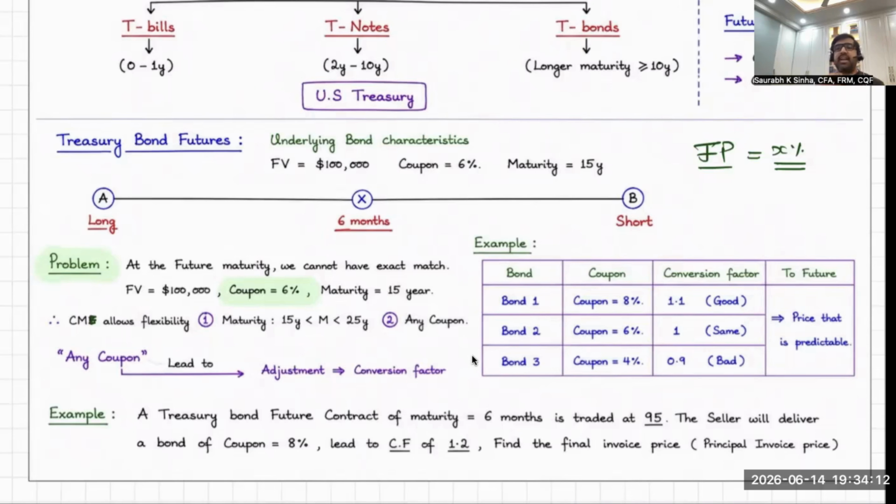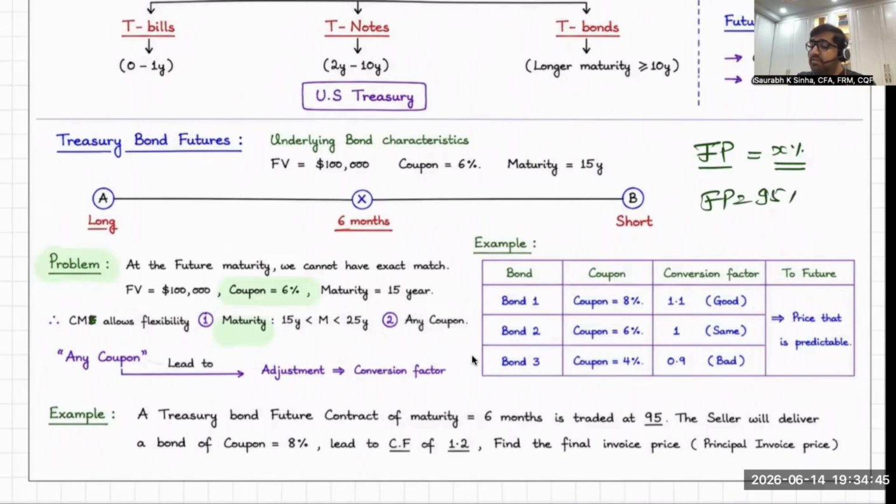So what flexibility does any exchange, whether it is Chicago Mercantile CME or CBOT, allow? Instead of delivering this specific bond, you can deliver any bond which has a maturity of between 15 year to 25 year. It will work. And the coupon could be anything. It could be 6%, 1%, 0%, whatever you feel like, you can deliver. But the future price was fixed.